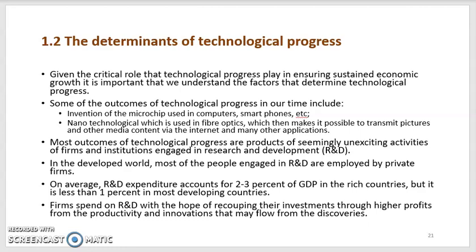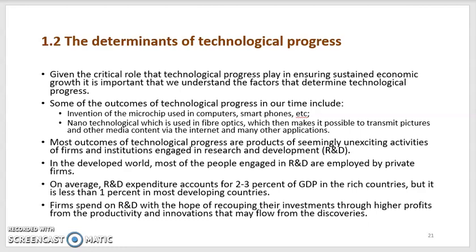Industrial research and development expenditure accounts for between 2% and 3% of GDP in each of the four major rich countries we looked at in chapter 10. For instance, about 75% of the roughly 1 million US scientists and researchers working in research and development are employed by firms.